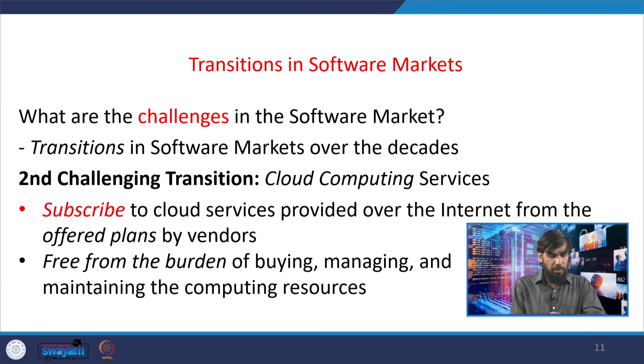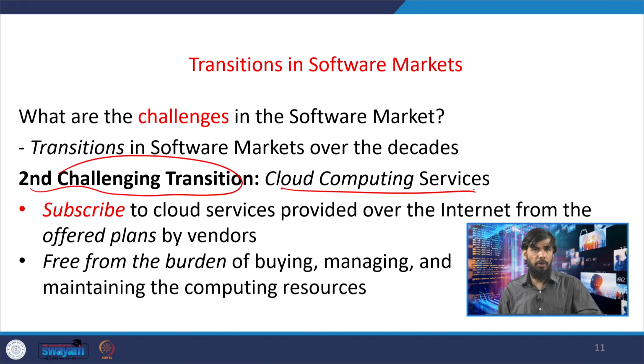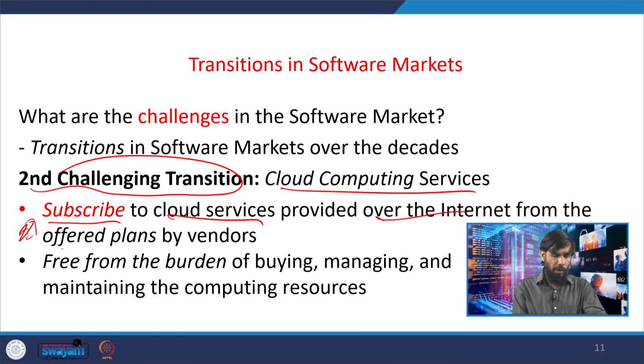Now what started happening in this second challenging transition, that is cloud computing, is that as a non-tech firm, you could subscribe to cloud services provided over the internet, from whatever plans are offered by vendors, right. So essentially whatever you are consuming, you just pay for that based on the plans.